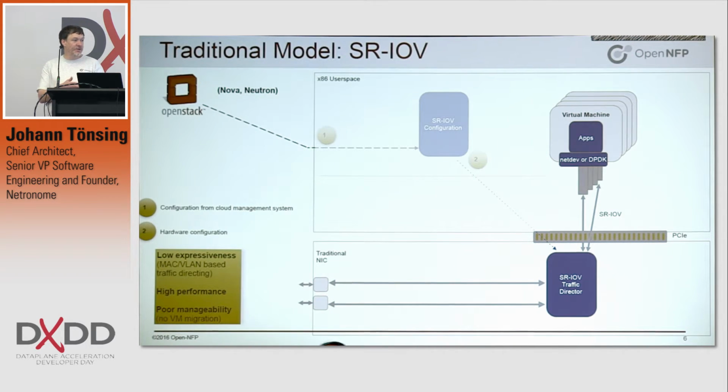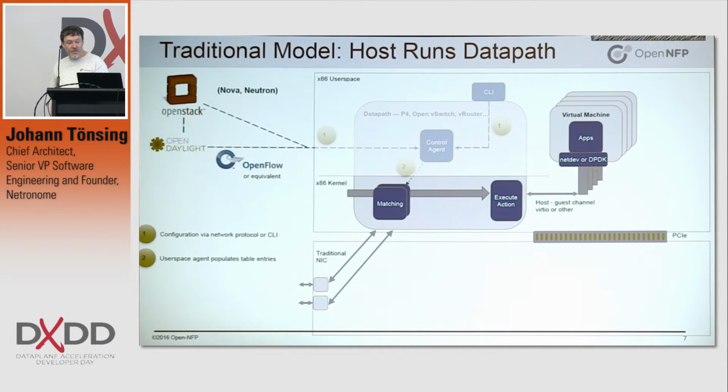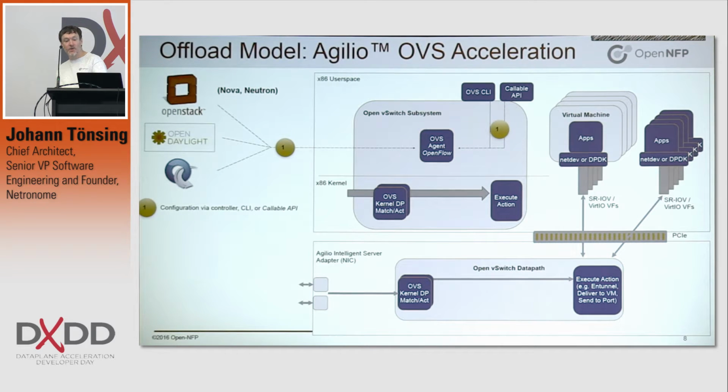You can put a rule in to go and mirror traffic. So there's a lot of flexibility in how you do your overlays and how you debug your networks that you don't have here. Whereas if you actually had below your virtual machines all that flexibility, that already gives you better manageability. But also the virtio link allows you to do the migration and the software upgrades, hardware upgrades, etc.